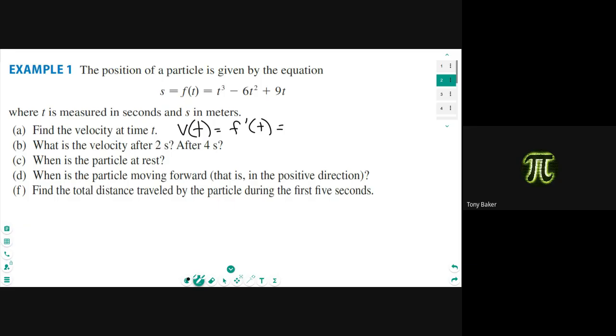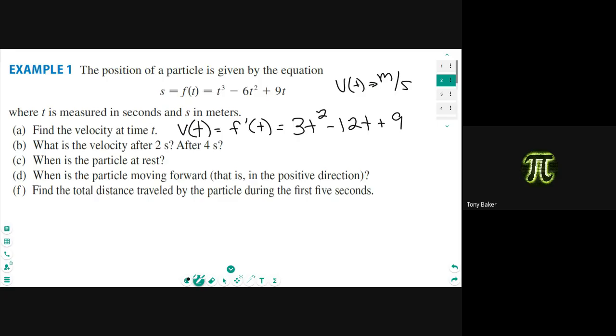All right, so what's the derivative of f of t? So in this case, my velocity is going to be in meters per second, where my position would be just meters.